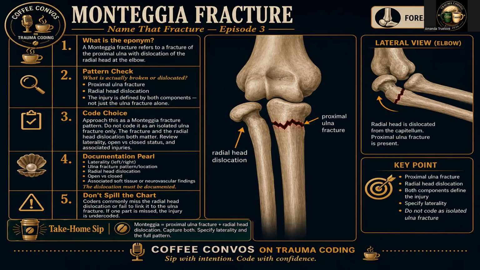So if we're looking at our documentation and thinking about our pearl of wisdom here, what must the provider say for accurate coding? We need from the provider clear documentation on laterality, that ulna fracture location, whether or not there is displacement, and whether there is an open or a closed fracture type, as well as that radial head dislocation or subluxation description, along with, last but not least, any associated nerve injury if present.